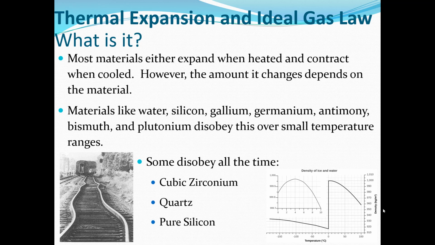But then once it becomes ice, it pretty much drops dramatically and ends up having a smaller density compared to its water phase right before, and then it will start to increase again. This is one of the reasons why ice ends up floating, and that is actually one of the reasons why water is one of the most important materials that we're looking for when it comes to searching for life in the universe. I think I'll mention this again later on.